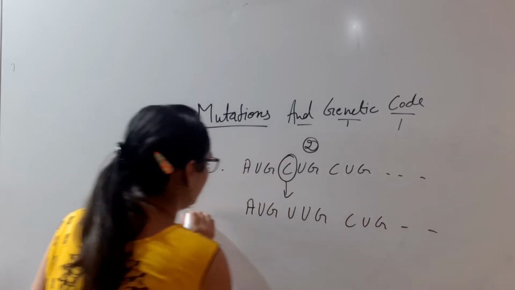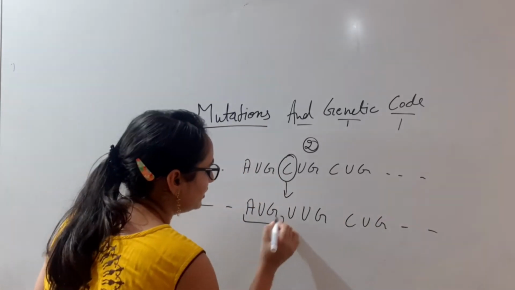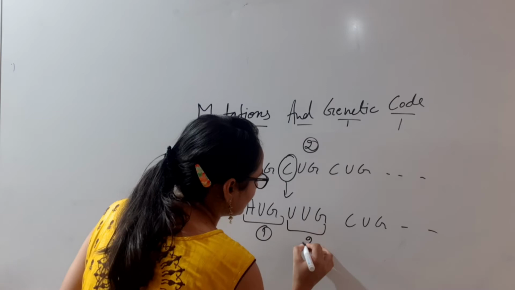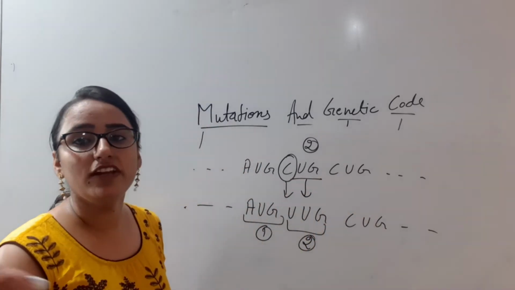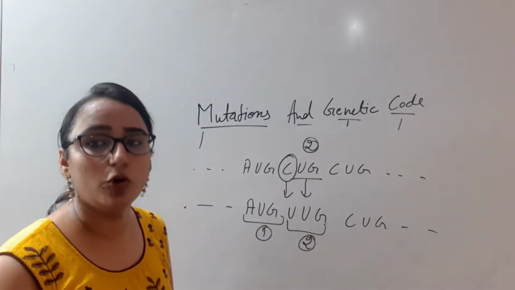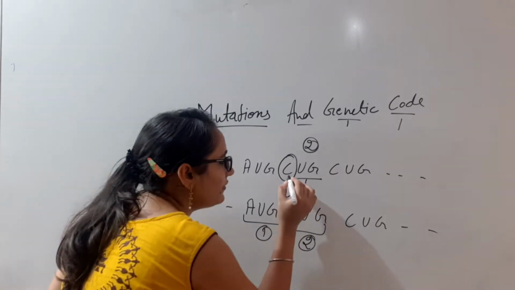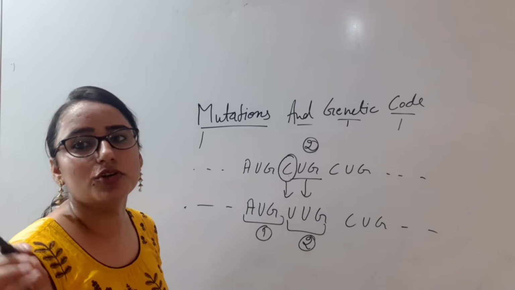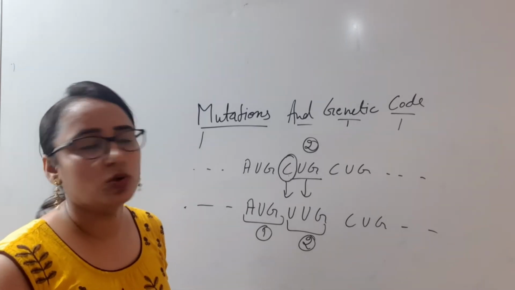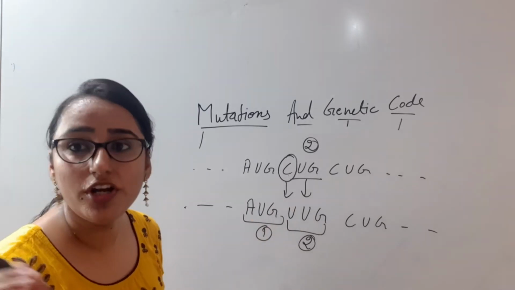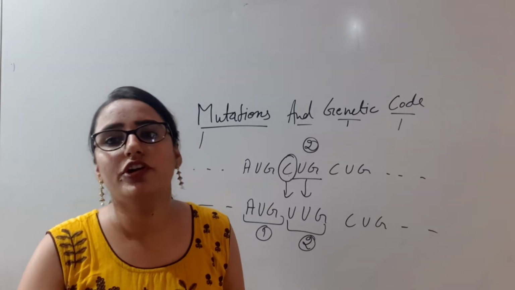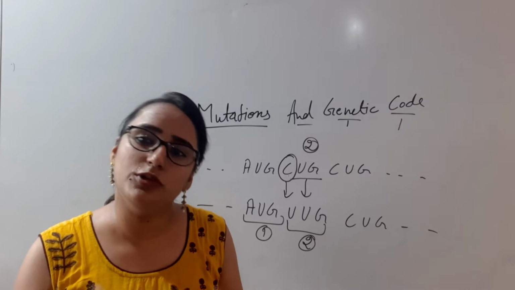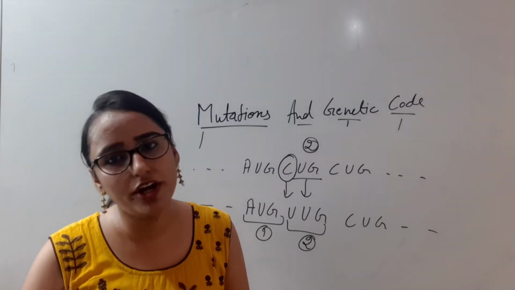This is the new RNA sequence, and here this is the first codon and this is the second codon. So this CUG codon will get changed to the UUG codon. Okay, and here only one nucleotide is getting changed or mutated to another nucleotide. So this is point mutation. Point means at a particular point, only one nucleotide gets changed or mutated to another nucleotide.